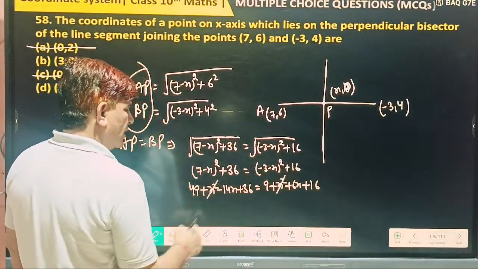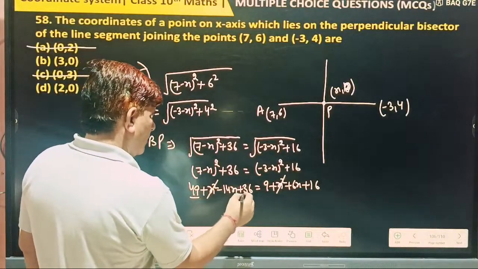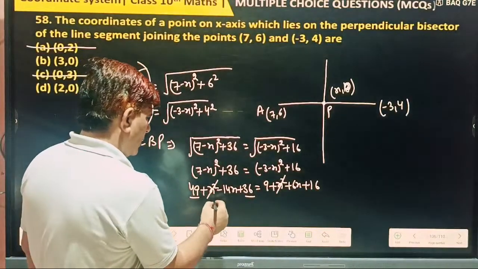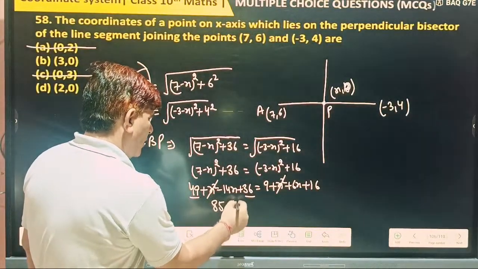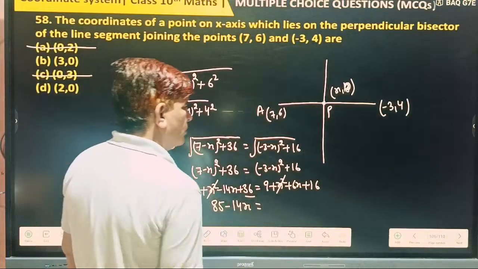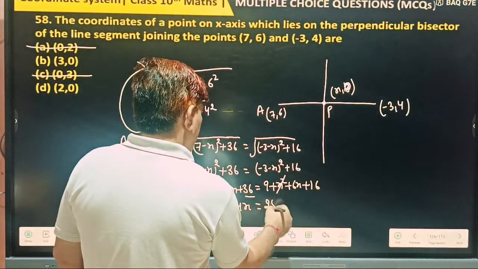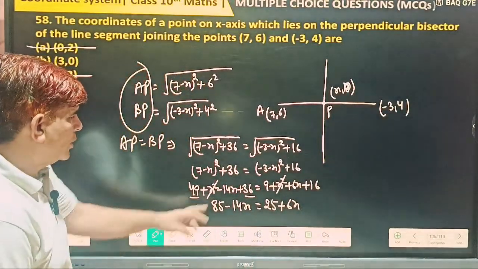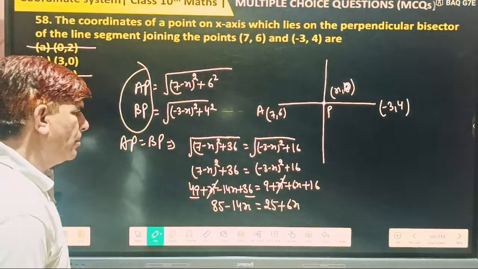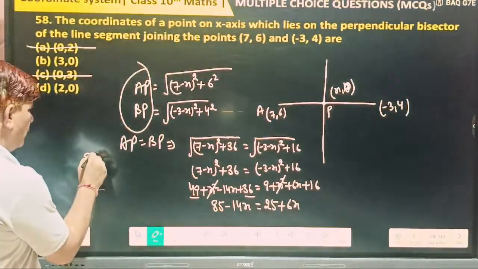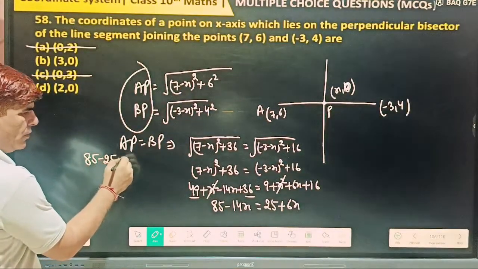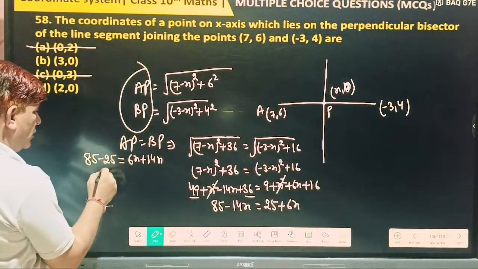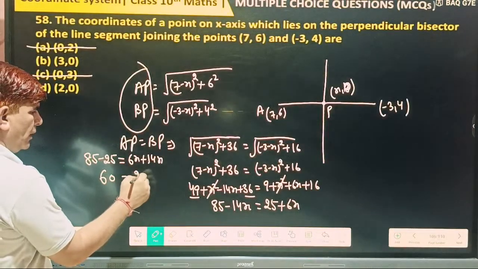X square cancels x square. 49 plus 36 is 85. So 85 minus 14x is equal to 25 plus 6x. How much? 85 minus 25 equal to 6x plus 14x. So 60 equal to 20x.